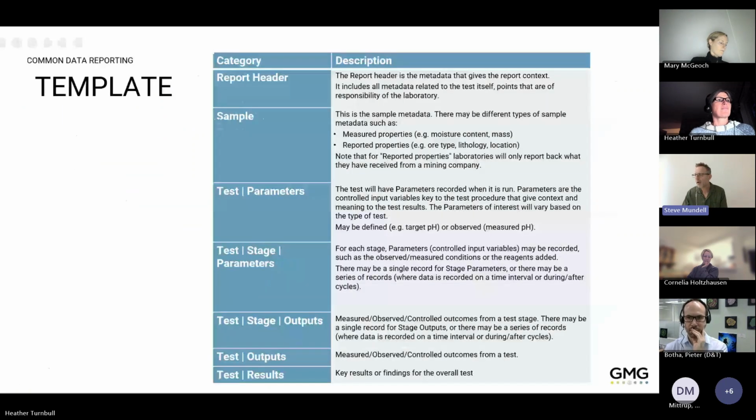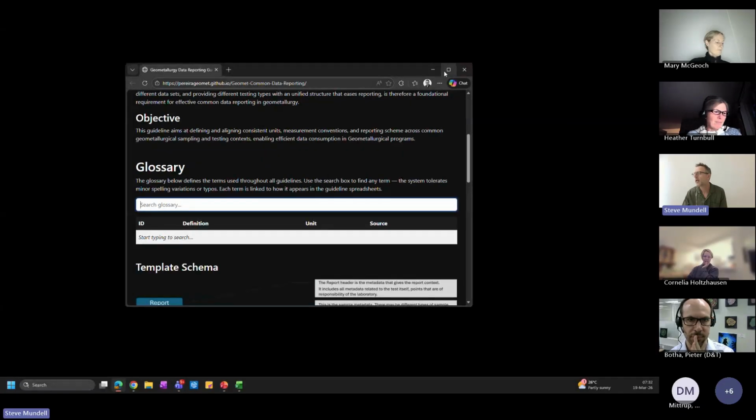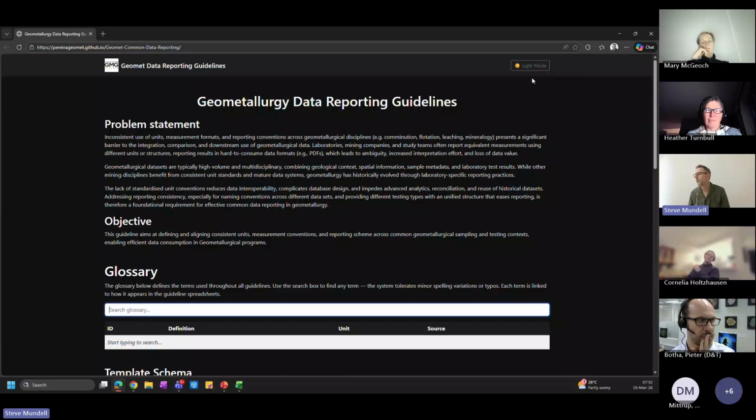Now, I'll just share my screen. So how does this look in practice? What we've got here is an example of how we're looking to represent these guidelines to the public and to the industry. The method of publishing this is through a GitHub website.